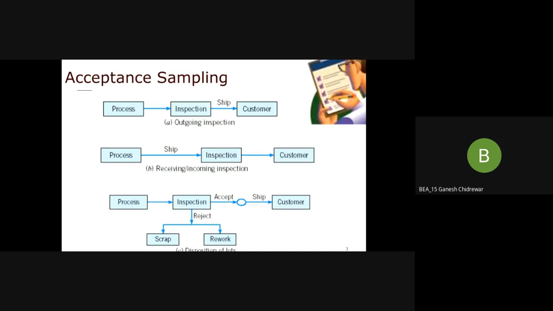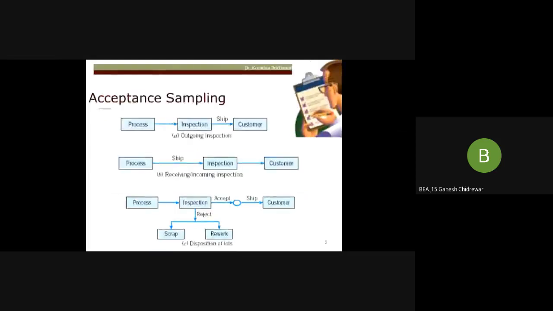It will be either scrap or rework. For example, take a glass bottle. Suppose that glass bottle is not filled with liquid; then we can rework it, and we can use that same bottle again. But if the bottle is broken, that will be scrap. So this is the basic information of acceptance sampling.